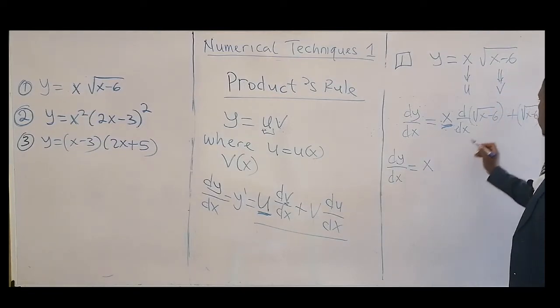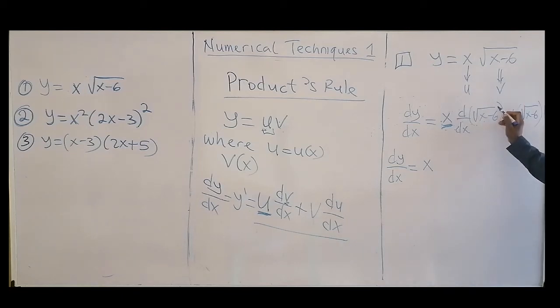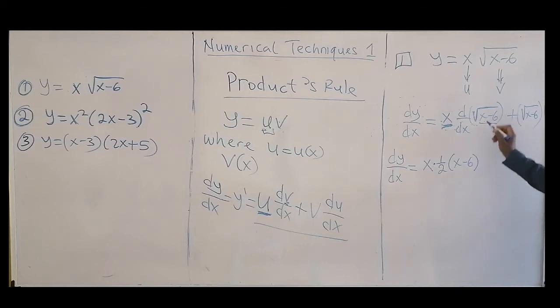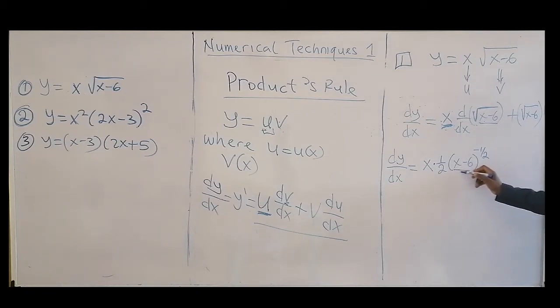this one. If you differentiate this one, first of all, remove the square root, which will become the power of what? (x minus 6) to the power half. And that will be equal to what? Times half into bracket x minus 6, and then this half minus 1, that's minus half. Okay? And then times the derivative of the base, which is 1.